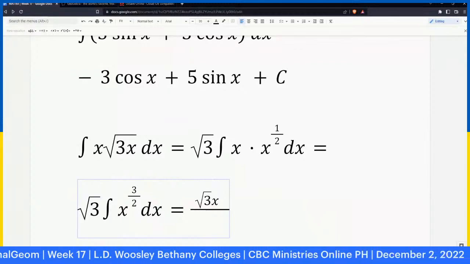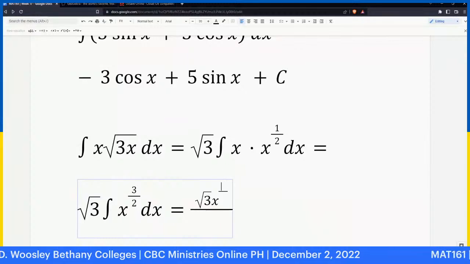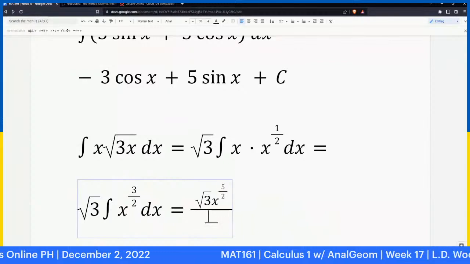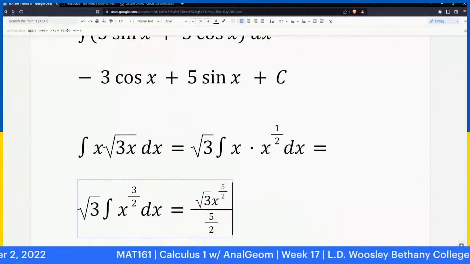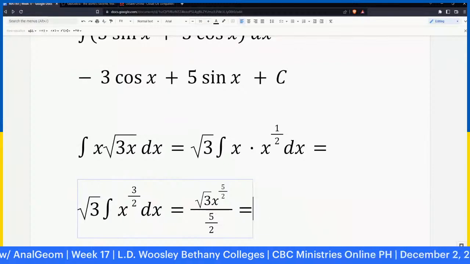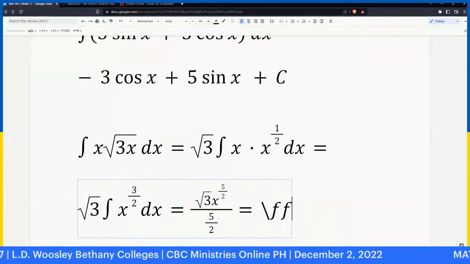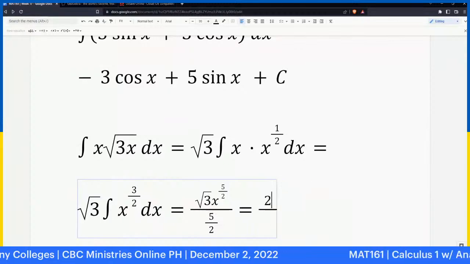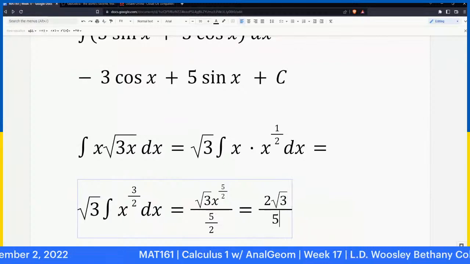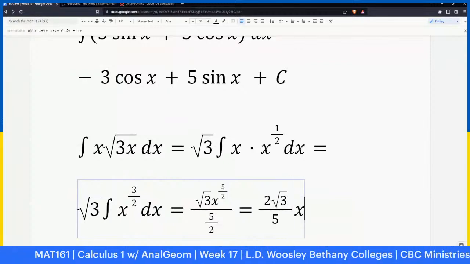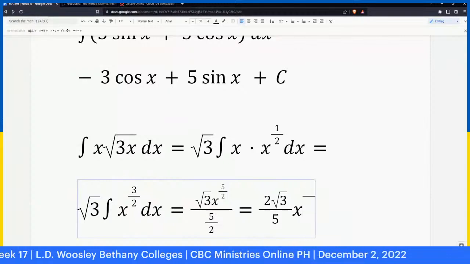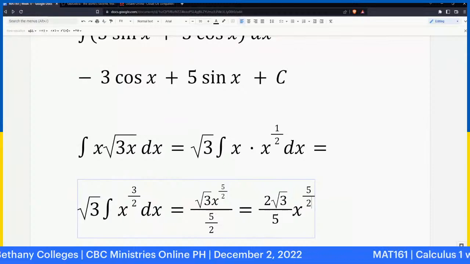Correct. Over 5 halves. Simplifying further, get the reciprocal of the denominator. What you have is 2 square root of 3 all over 5 x raised to 5 halves. Alright?